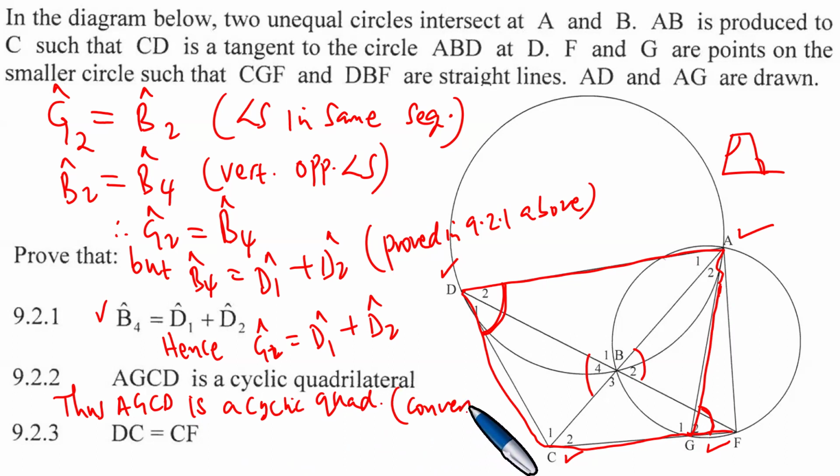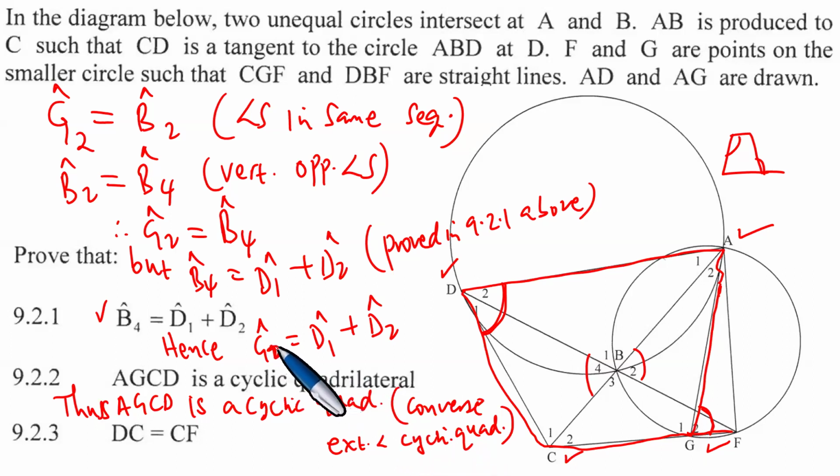Because of the converse exterior angle cyclic quad. In other words, thus we're able to see that AGCD is a cyclic quad, by the converse of the exterior angle cyclic quad property.